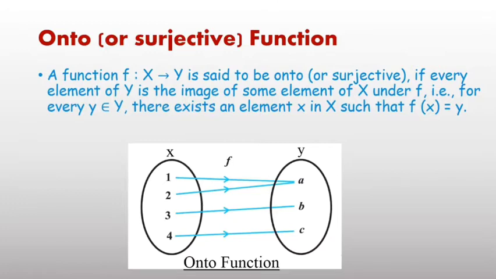You have to remember this definition. Here codomain A, B, C, 3 elements are there, and range is also equal to A, B, C. The range equal to codomain means each and every element in set Y is the image of some element of X. Therefore, it is known as an onto function.